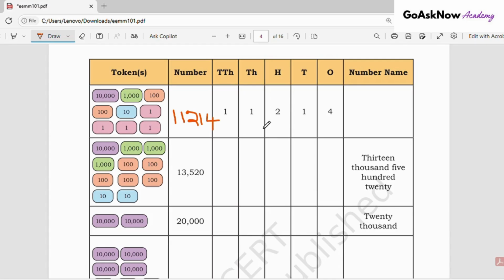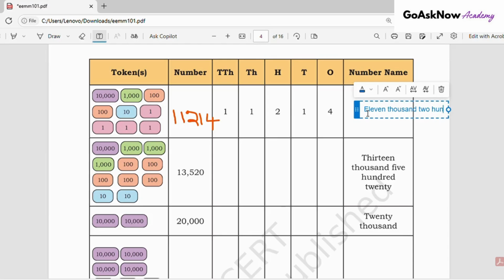We can write it in number name, which is 11,214.